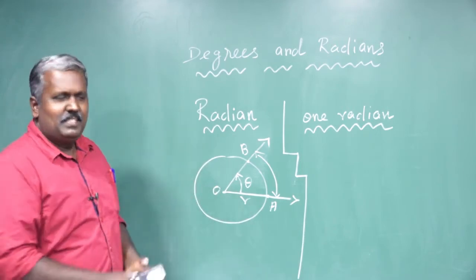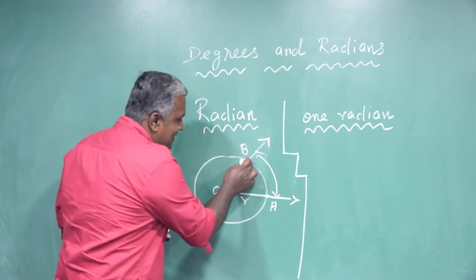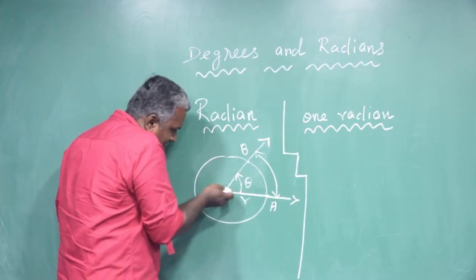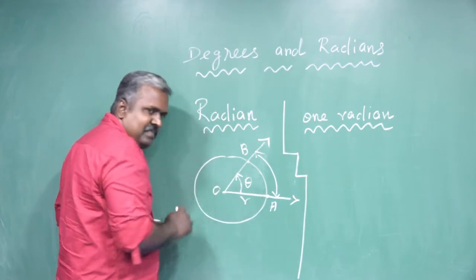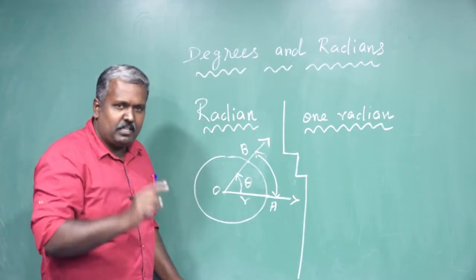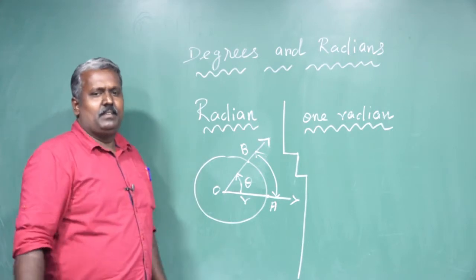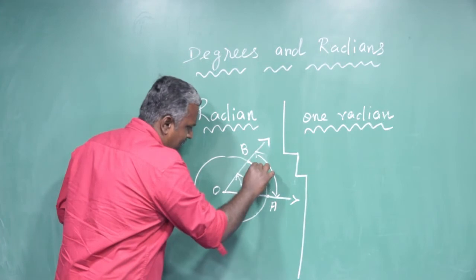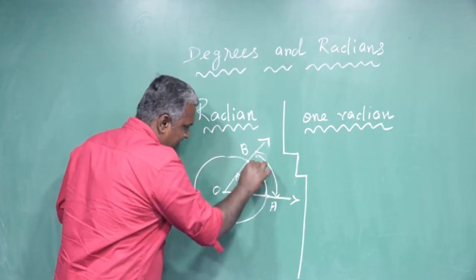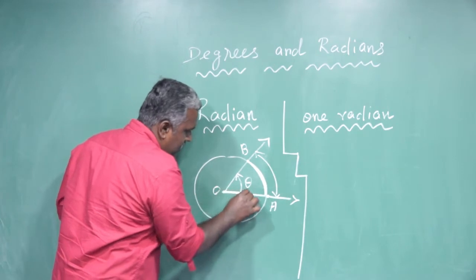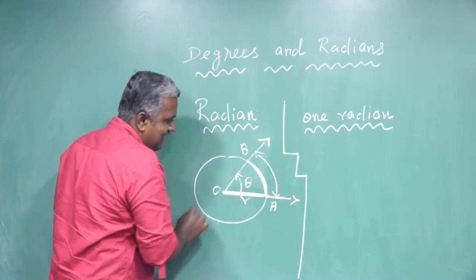Clear? That means this length is equal to this length. It is simply represented in your textbook as a yellow color. Take and see. This gap, this length is equal to this.